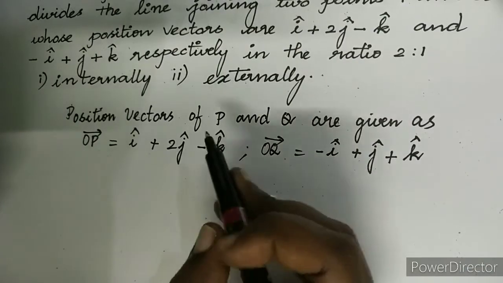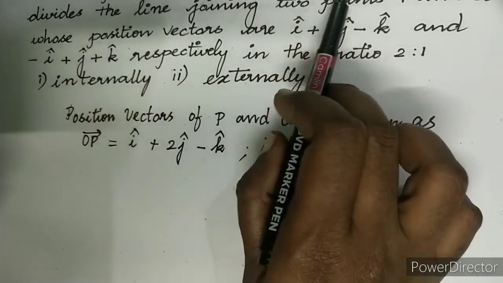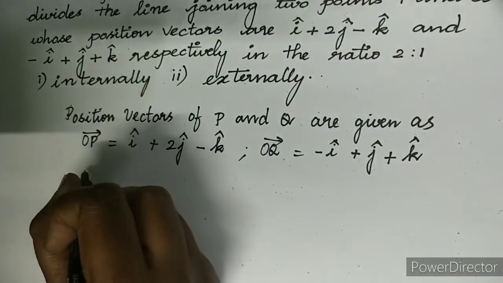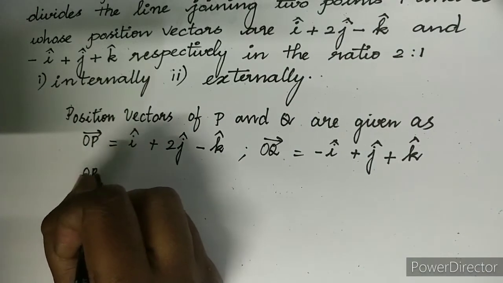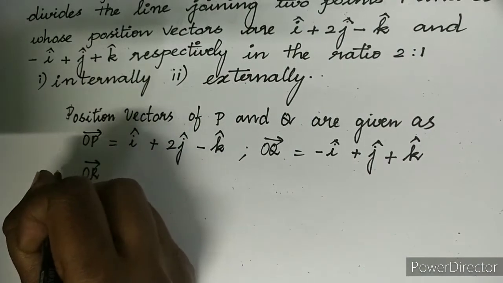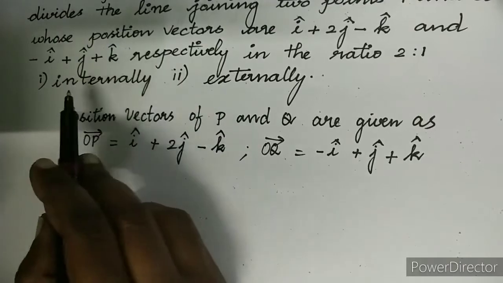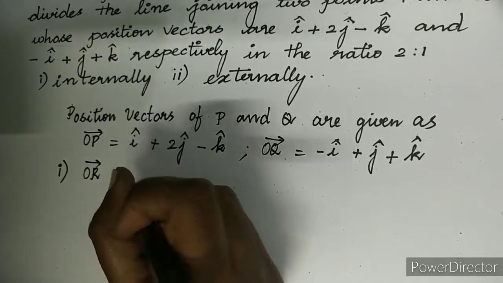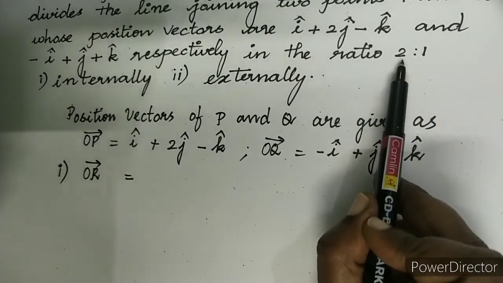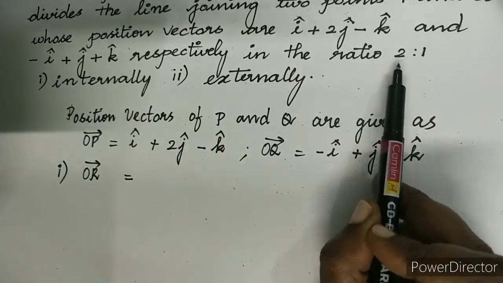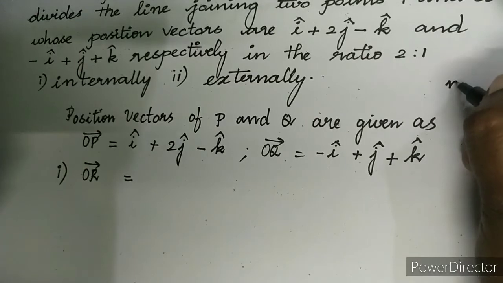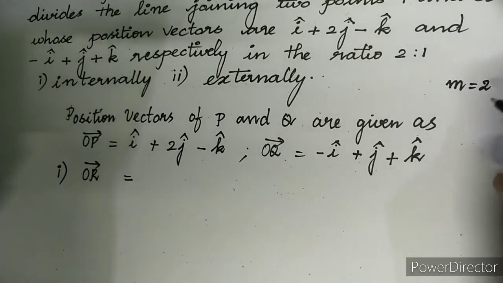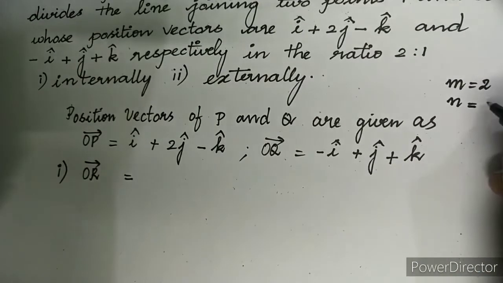Now we will write the position vector of the point R as OR. First subdivision is it is dividing internally, so our ratio is 2:1. We will take m is equal to 2 and n is equal to 1.